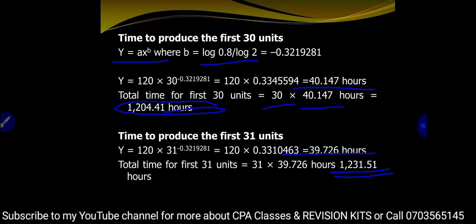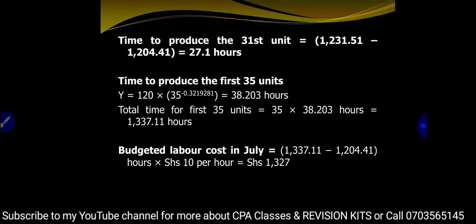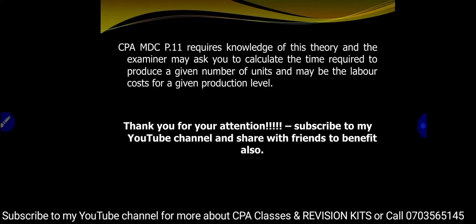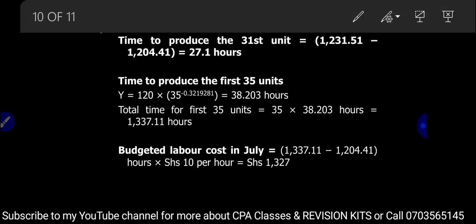So the difference between 1,231.51 and 1,204.41 is the time taken to produce that extra 1 unit. So the time to produce the 31st unit is the difference between the other two values, and that is 27.1 hours.